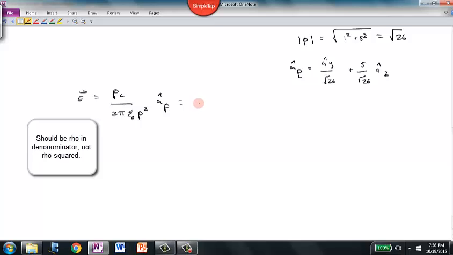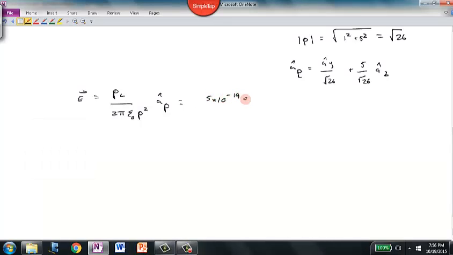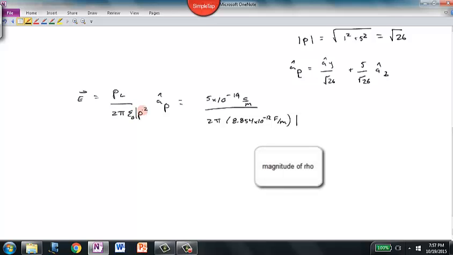So in the problem statement, we were given a linear charge density of 5 times 10 to the minus 9 coulombs per meter. We've got 2 pi times 8.854 times 10 to the minus 12 farads per meter. Oh, sorry, that's the magnitude of rho squared. The magnitude of rho squared is just the square root of 26 squared.